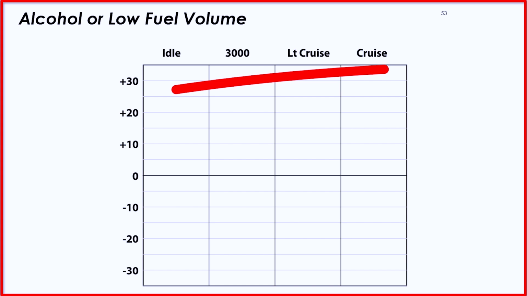Now, if we have an alcohol or low fuel volume problem, and we're talking about alcohol in the fuel, we need to understand the trends that that's going to cause here. So if somebody put E85 in a non-E85 equipped vehicle, or we've got a restricted fuel filter, or a low output on the fuel pump, or even a set of restricted injectors, that engine is going to be consistently starving for fuel.